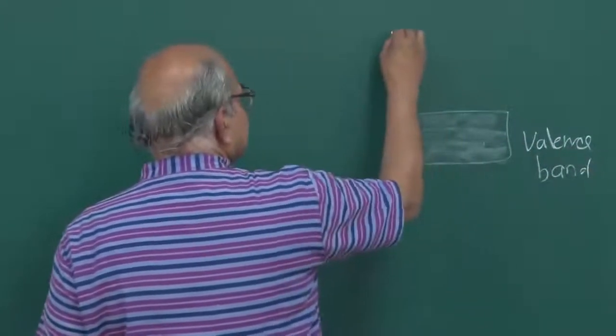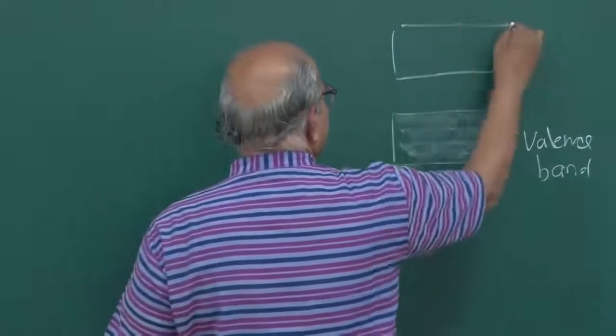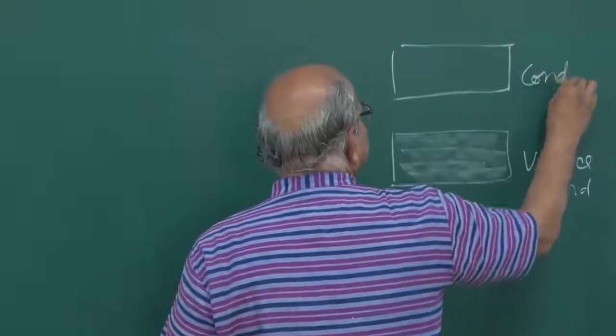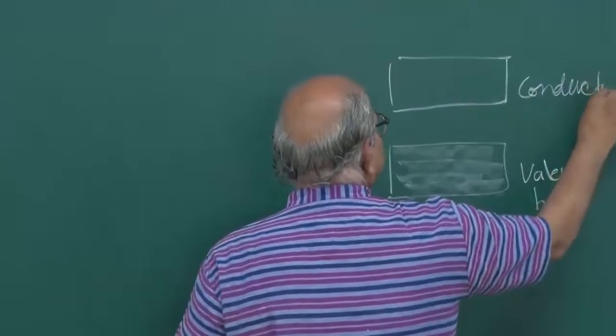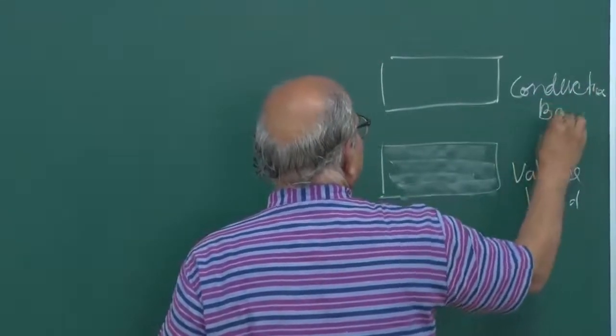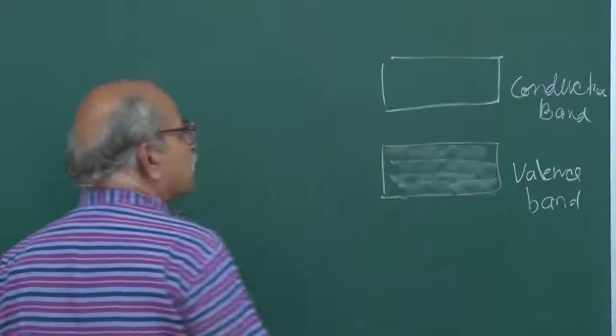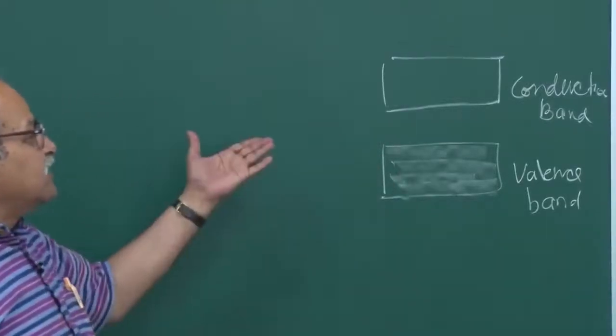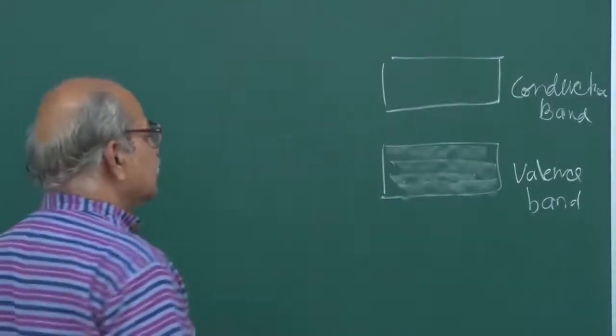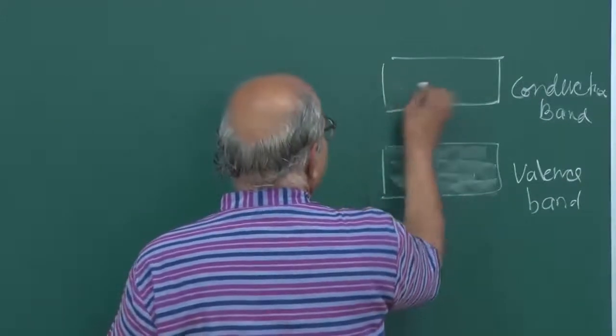and then next you have the conduction band, which is not completely filled. It can be completely empty or it can be partially filled. So one variety is where it is partially filled.